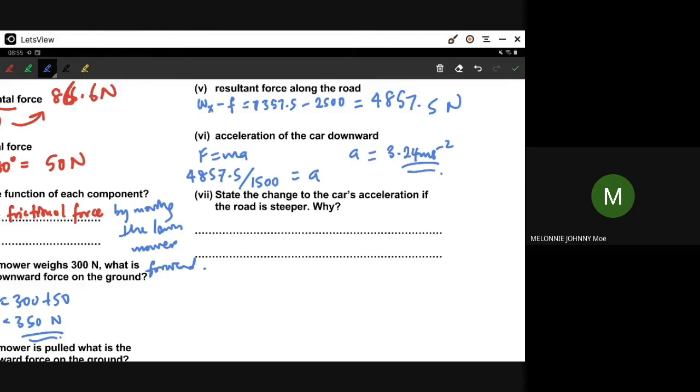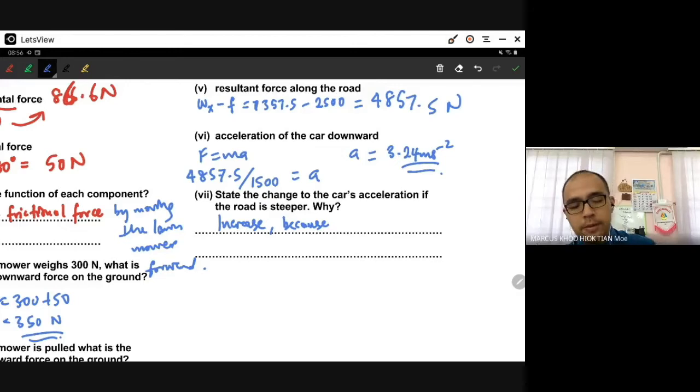The acceleration will increase. Then the bigger the angle, the bigger the downward force. Are you sure it's the downward force?